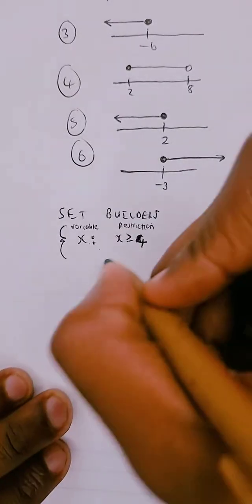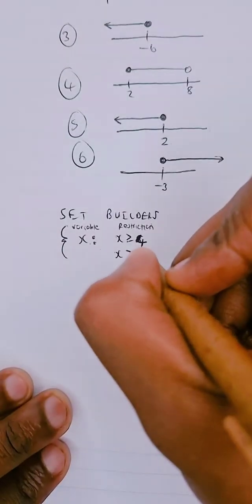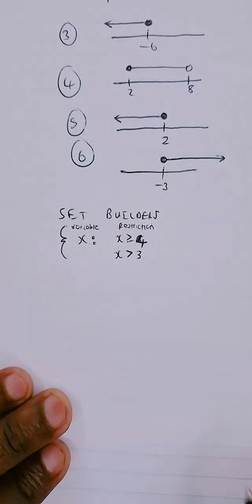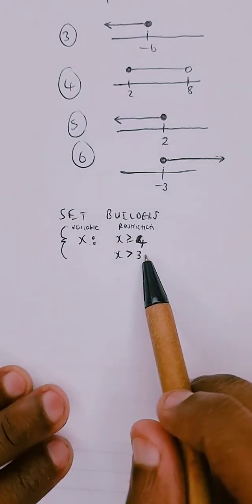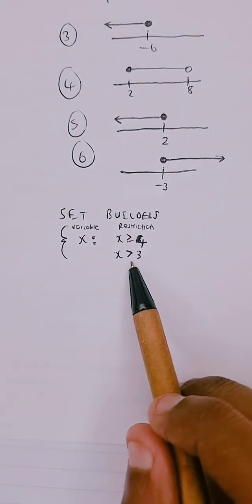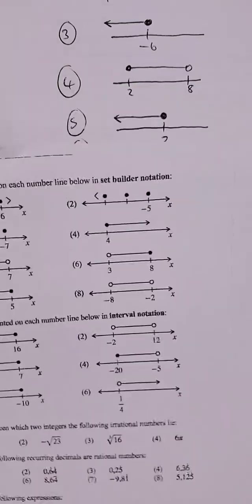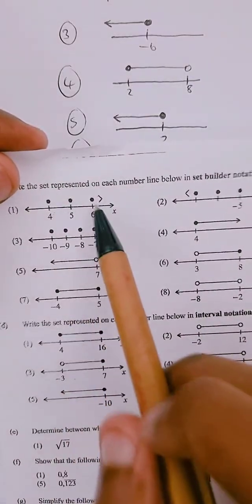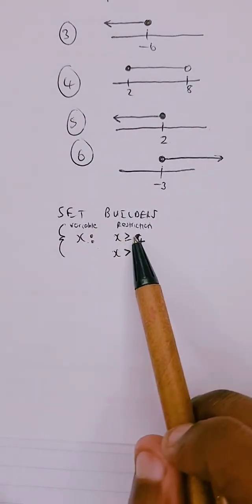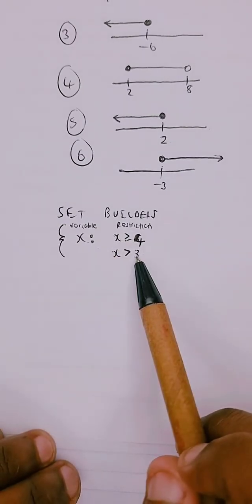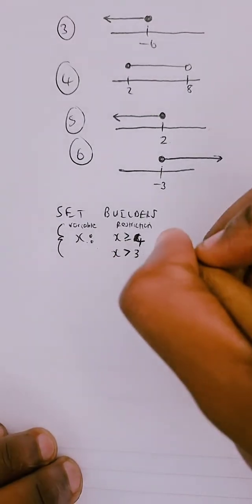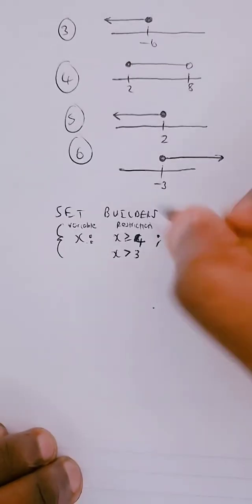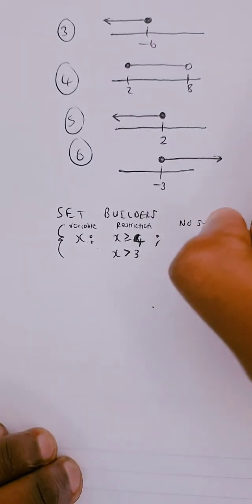Maybe someone else could even say x is greater than 3. That person would be well within their rights, because 3 is not included. But what is included? 4, 5, and 6. So if I say x greater than or equal to 4, or x greater than 3, that's fine. Now your number system.